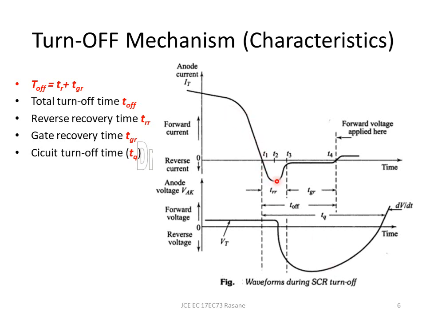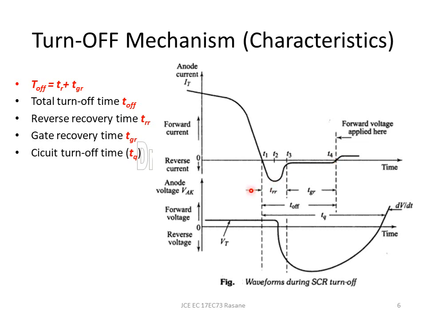After this, till T3, the current is decreasing, and between T2 and T3, the junctions J1 and J3 are recombining and trying to get back into their original off state. But the J2 junction is still disturbed, and between the time T3 to T4, the junction J2 is recombining and the stored charge is removed.